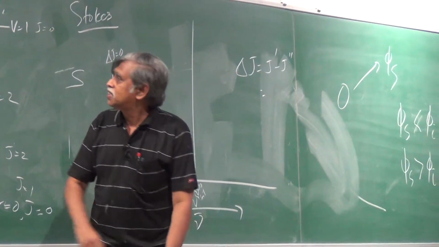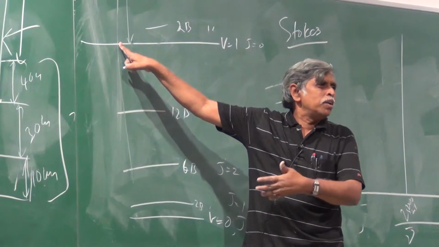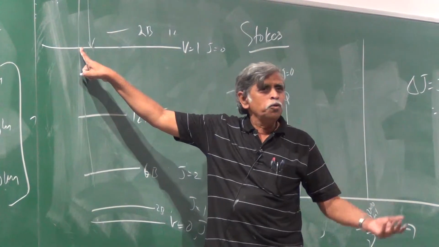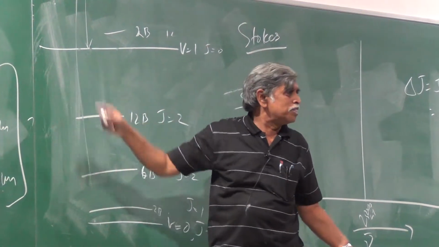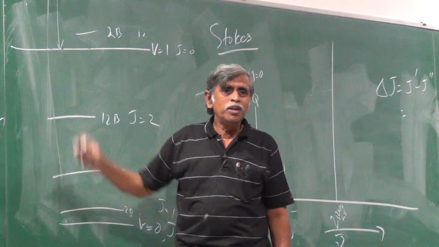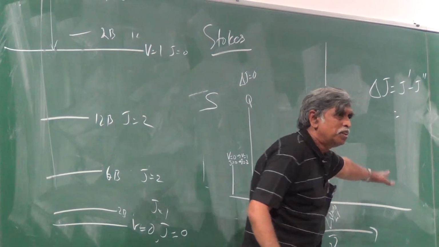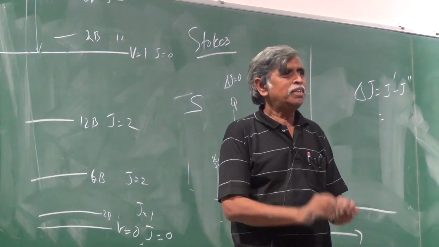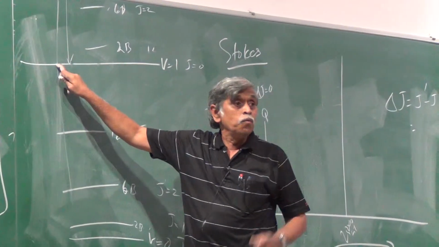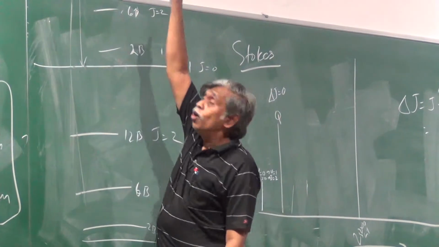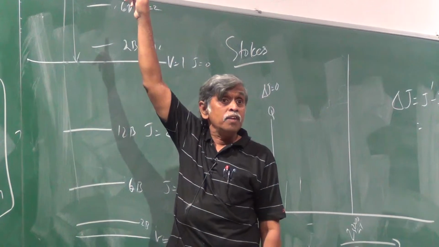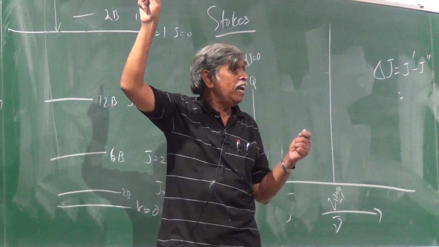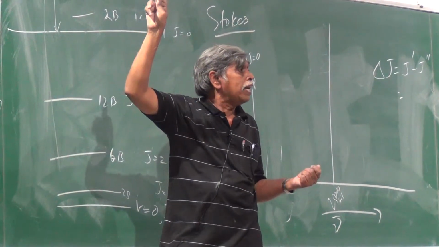Now what happens if I start the molecule here? Of course, let us assume there is some population. Don't trap me by saying there is no population because there is no experiment. Because there is no population over here, you are going to see nothing in that region. But let's assume for a moment that there is some population out here. Then what can happen? I go all the way up, starting from V equal to 1, J equal to 0, and where do I land up?